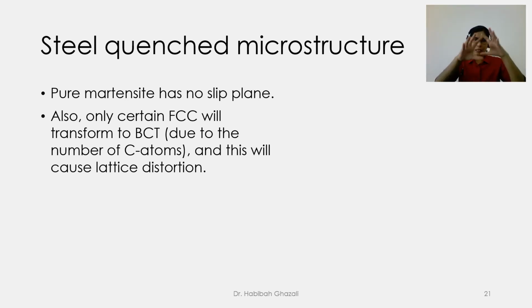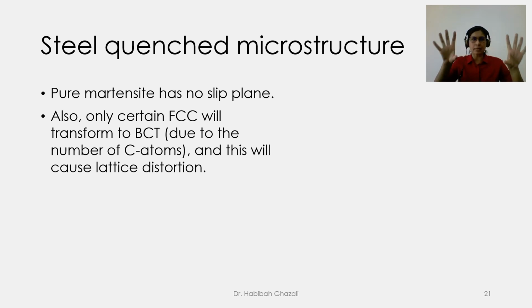So you can imagine in the austenite form, not all of the FCC unit cells contain carbon in the middle. Some will not have carbon. So when the rapid cooling transformation happens, some of them will transform into BCT, into martensite. Some will transform into ferrite.